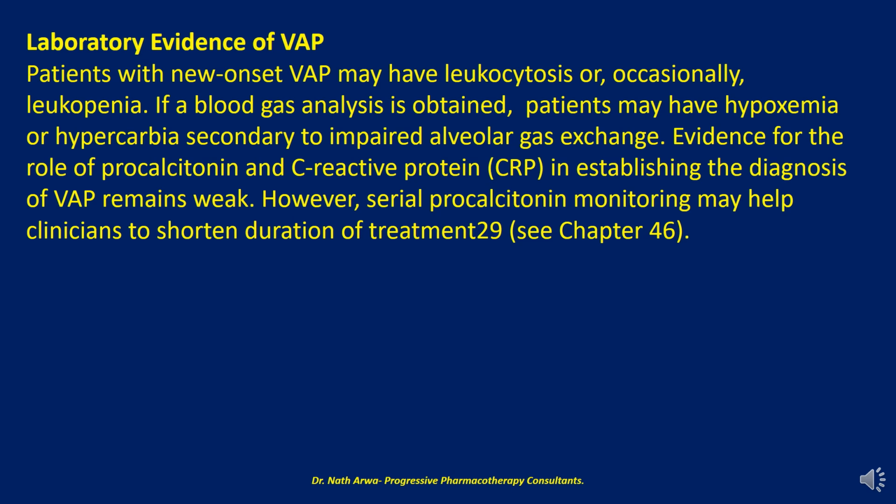Evidence for the role of procalcitonin and C-reactive protein, abbreviated as CRP, in establishing the diagnosis of ventilator-associated pneumonia remains weak. However, serial procalcitonin monitoring may help clinicians to shorten duration of treatment.